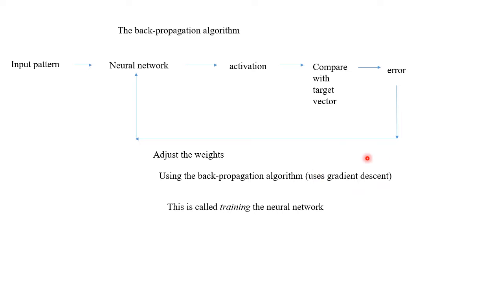So this is the learning mechanism, and this iterative process of feeding it back and adjusting the weights and the biases is called training. So we're going to develop a learning technique, and we're going to use that in a loop, an iterative process, to adjust the weights and the biases so that the error goes down.